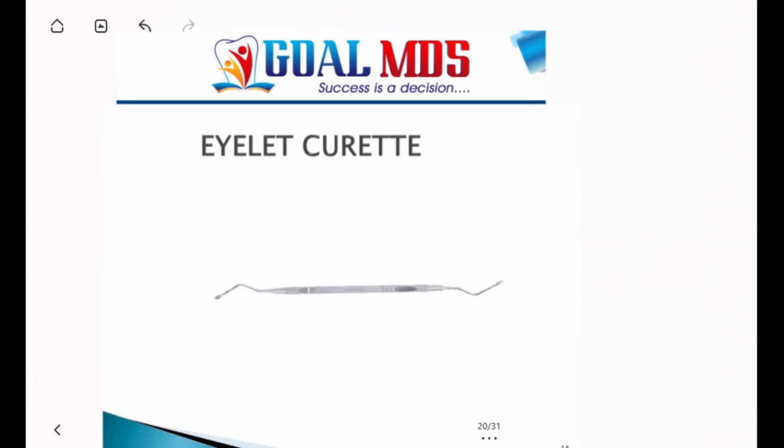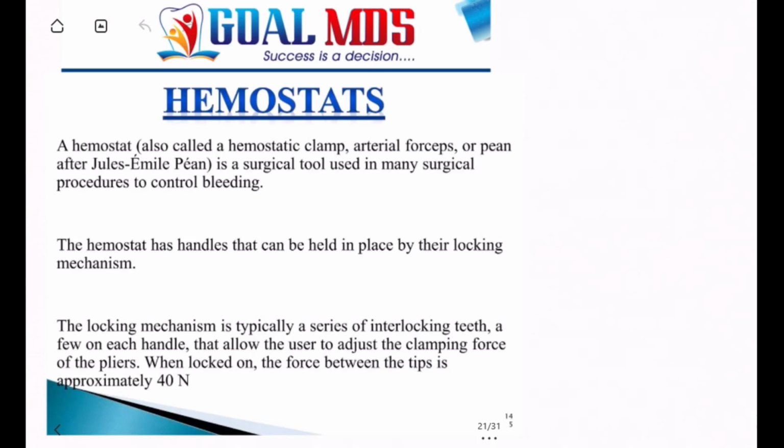Eyelet curette. Hemostat is a surgical tool that is used to control bleeding. It has a handle that can be held in place by a locking mechanism.